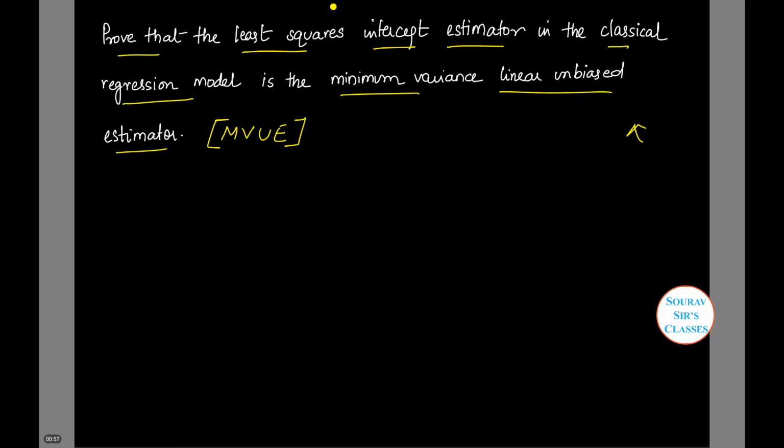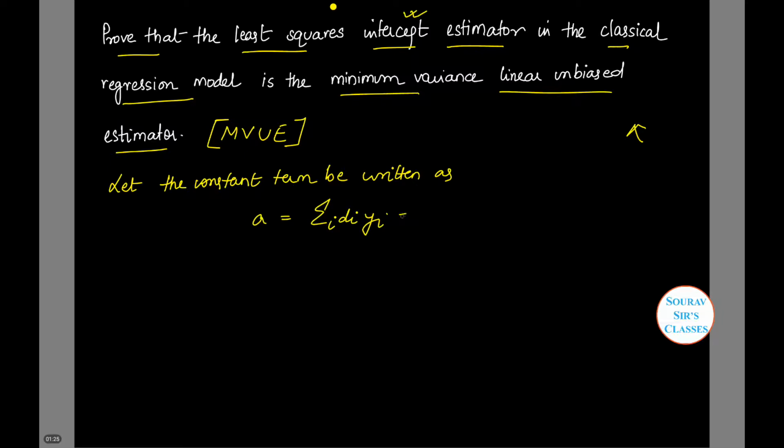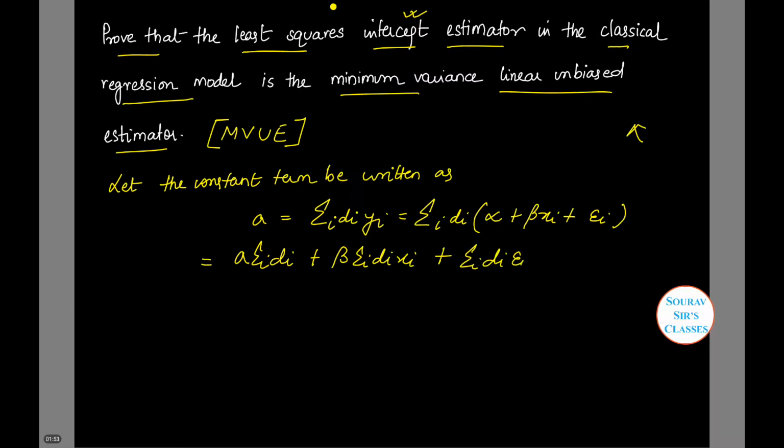So let the constant term, the intercept, be written as A equal to summation di yi, where y equal to alpha plus beta xi plus epsilon i, and this is equal to alpha summation di plus beta summation di xi plus summation di epsilon i.